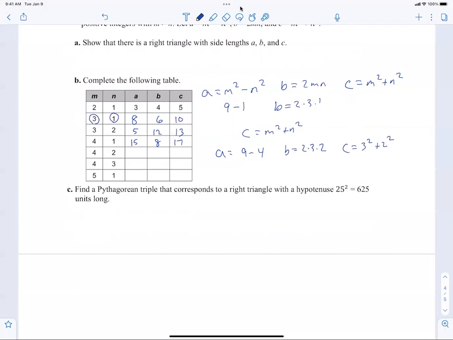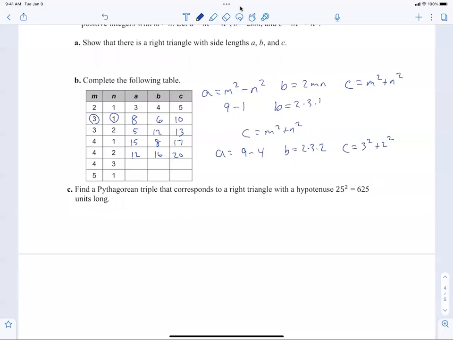All right. So we have A is 16 minus 4, which is 12. 2 times 4 times 2 is 16. And then 16 plus 4 is 20. Everybody okay with that?